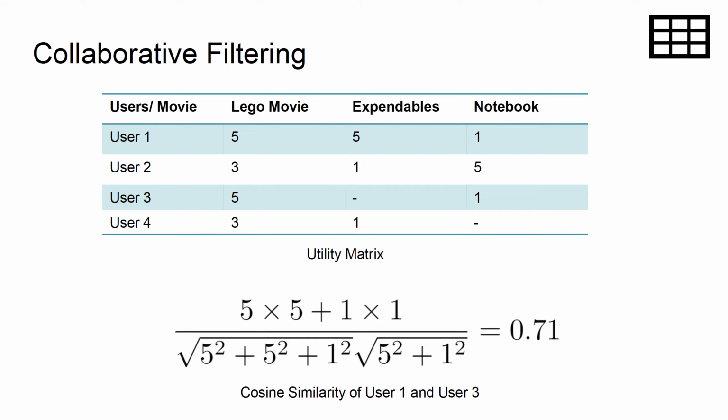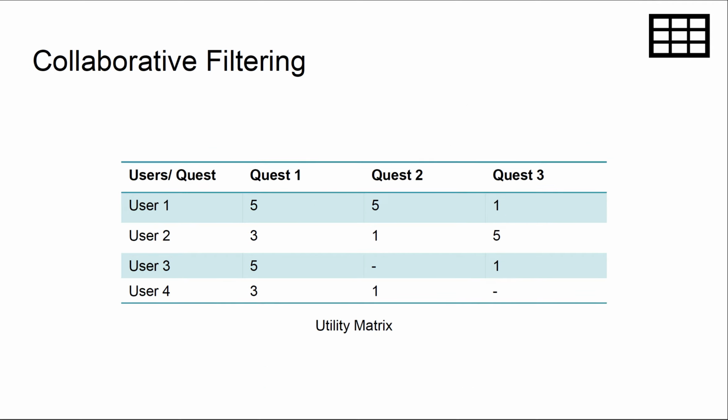Now let's move on to our example of using it in games. We have our users, which are players, and instead of movies, we have our quests. Since we do not have explicit ratings, we use implicit data that we calculate.